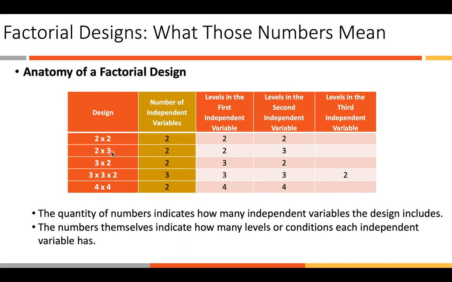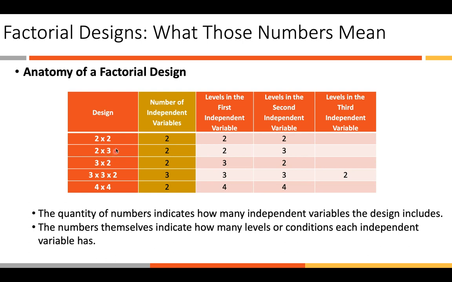But we made a small adjustment to our age variable. Maybe we thought that young versus old is not a good enough manipulation of that variable, or not a good enough representation of that variable. We think we need three levels. So we have younger adults, middle-aged adults, and older adults. We end up with three age groups.